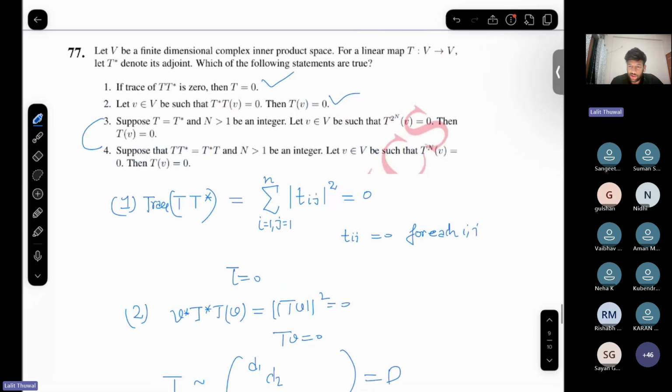So what 3 and 4 are asking, because T is equal to T star, self-adjoint, so it's normal, and normal operators are always unitarily diagonalizable. So this is asking that if V is in the null space of T to the power n, then it is in the null space of T, because the null spaces of T and T to the power n are equal. So this is true, and the fourth one is similar. Okay, so all four are true.